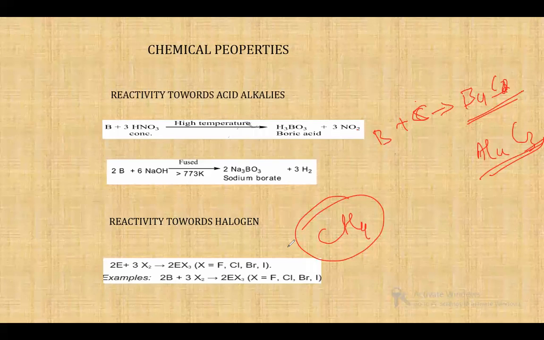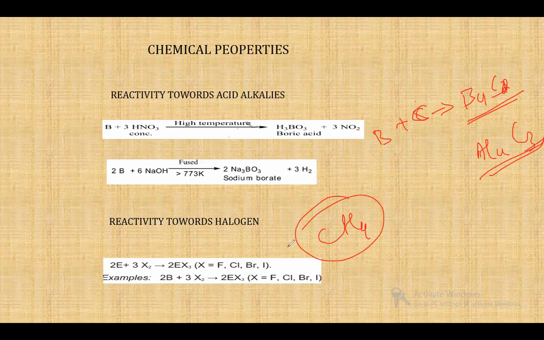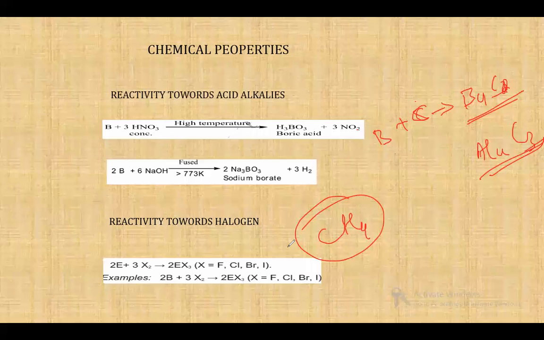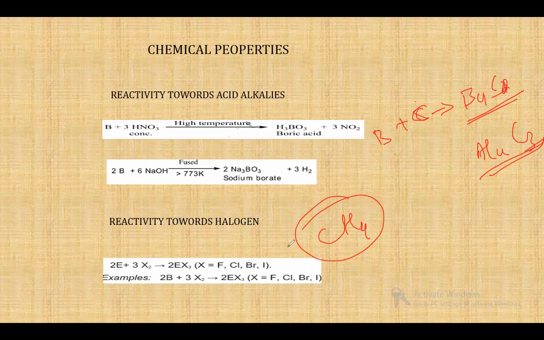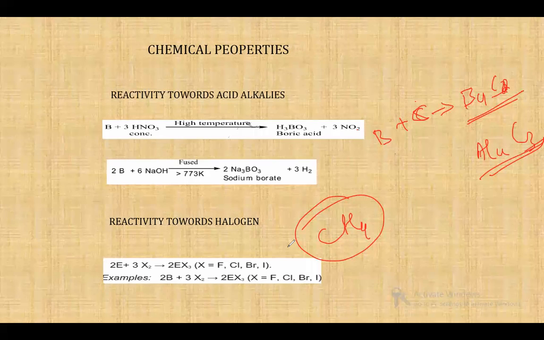Group 13 elements react with water, forming respective hydroxides. Boron treated with water forms the respective hydroxide, and likewise aluminium hydroxide.